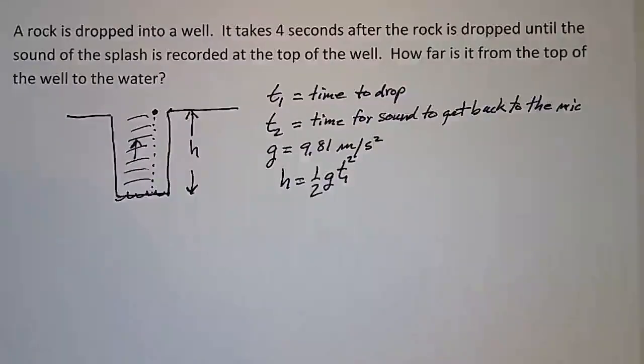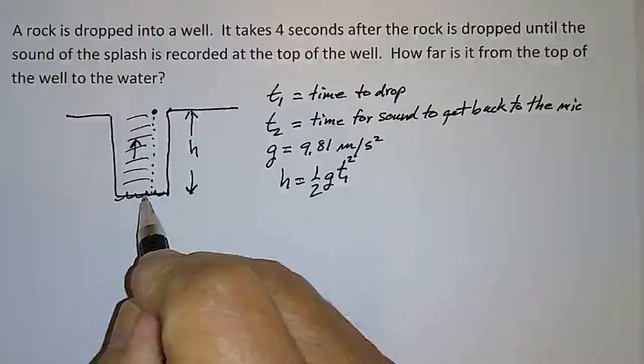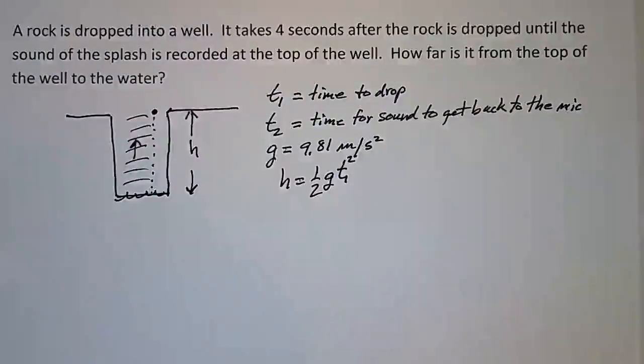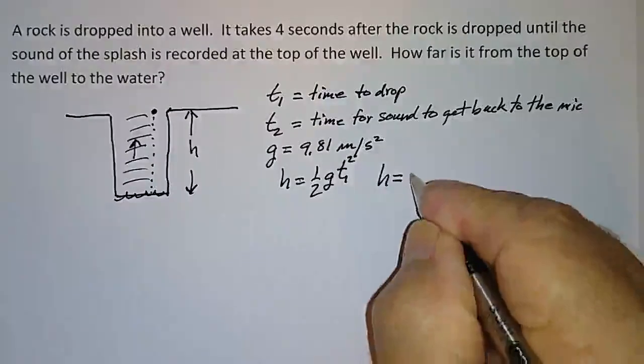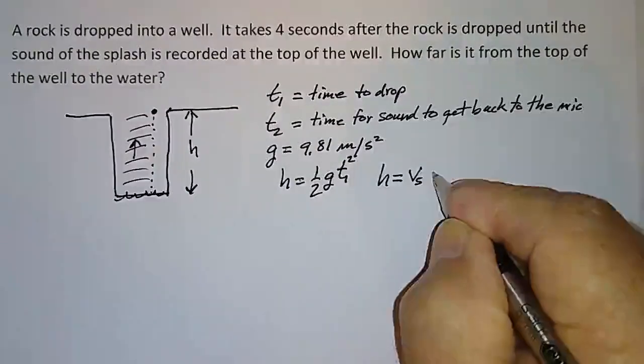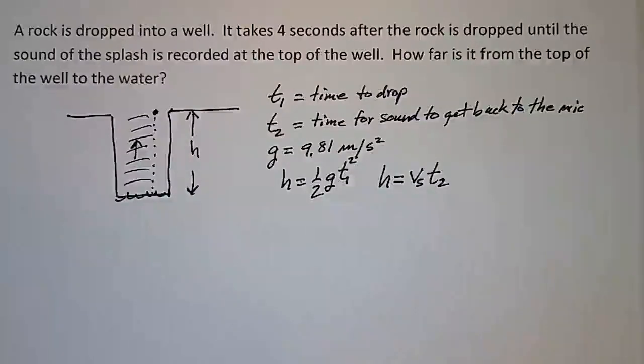So then we can also say that once the sound is made, it travels back up the distance h, and that's equal to the velocity of sound times T2, the amount of time it takes for the sound waves to make it back up to where the rock was dropped.